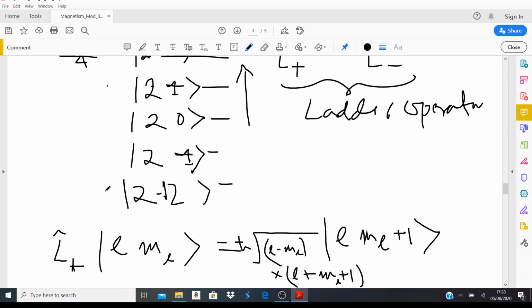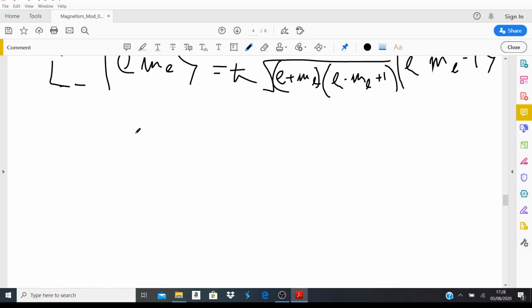Similarly, when you're in the lowest step on the ladder, and if you want to go below this step, but there is no state below that, right? So if you hit L minus on this state, it will produce a 0, right?